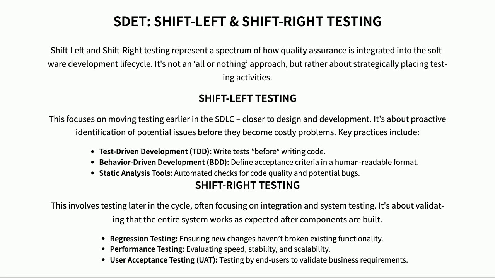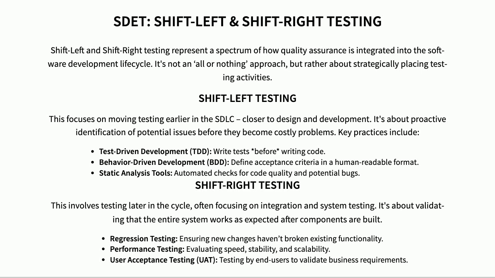Let's talk about SDET and how testing fits into the bigger picture. You'll notice we're discussing shift left and shift right testing. Think of it like a spectrum, not a strict division. Shift left means bringing testing earlier in the process, closer to when you're designing and building things. This could involve writing tests before you write code, or using tools that automatically check your code for potential problems.